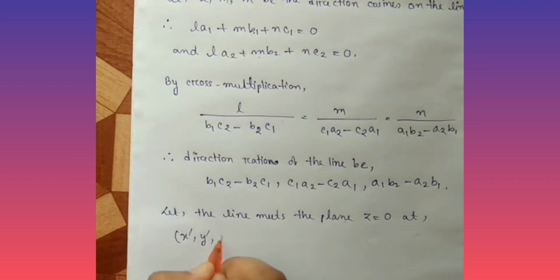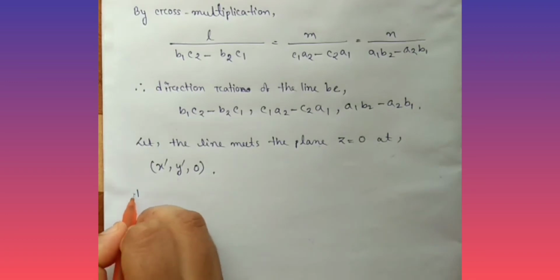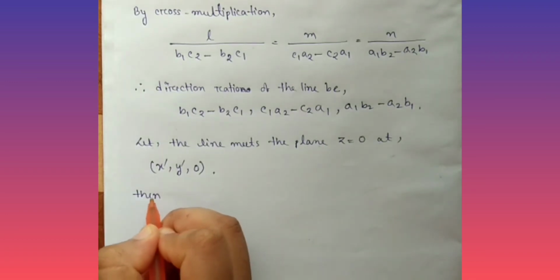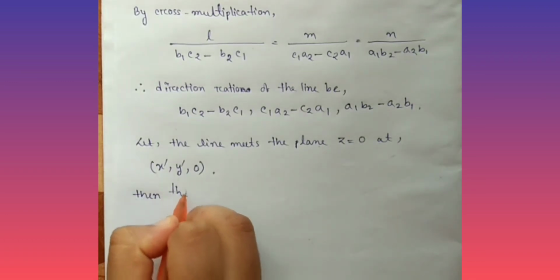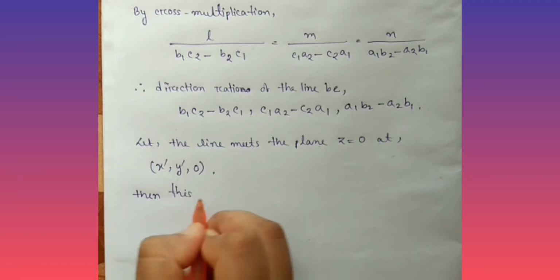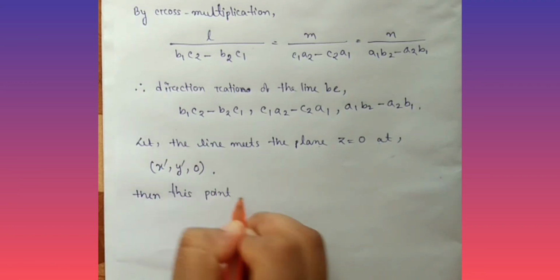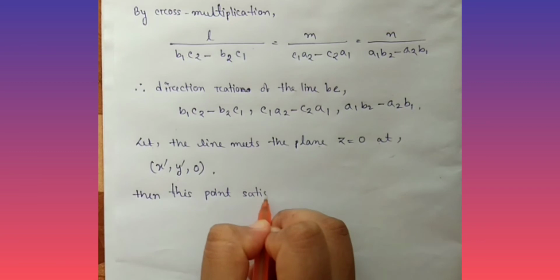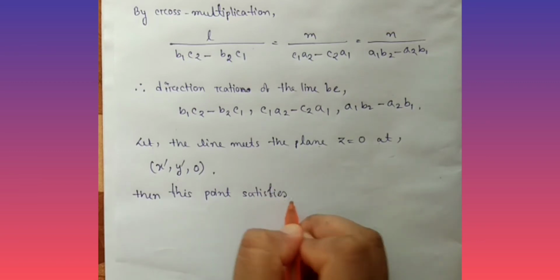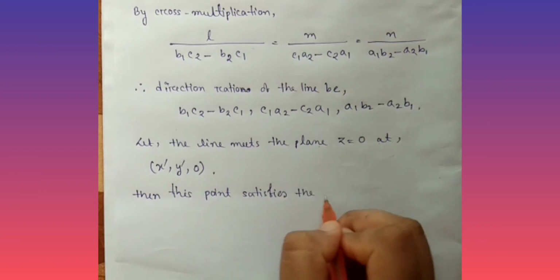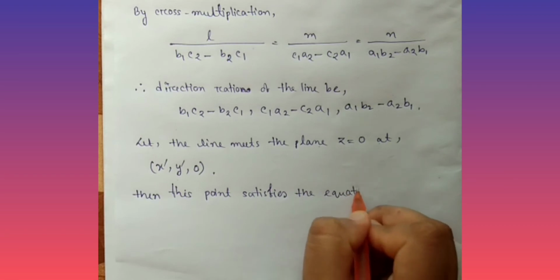If we consider that the line meets the plane z equal to 0, then the z coordinate is 0. Let the point be x dash, y dash, 0. Clearly, this point satisfies both the equations of the planes.